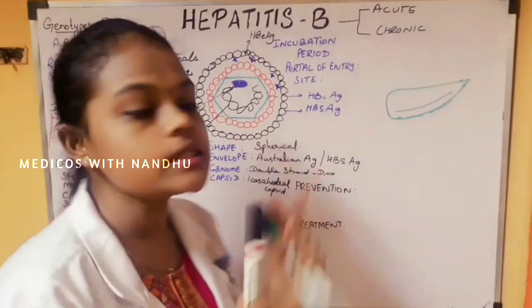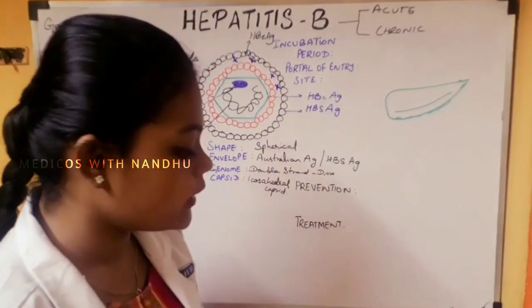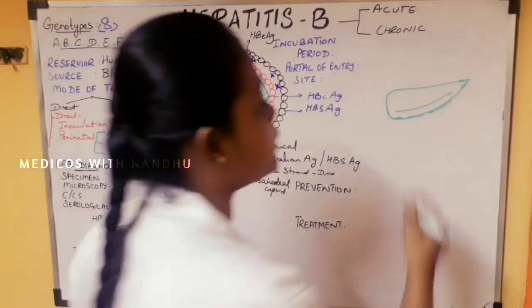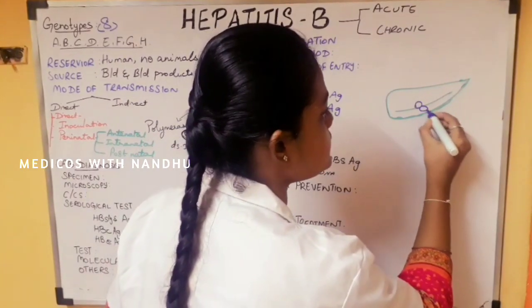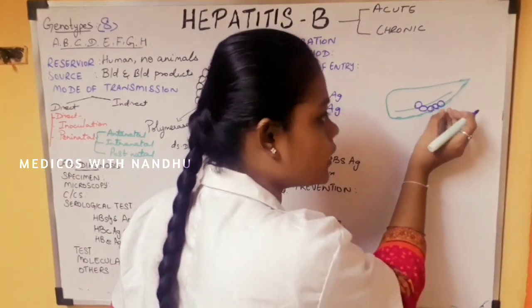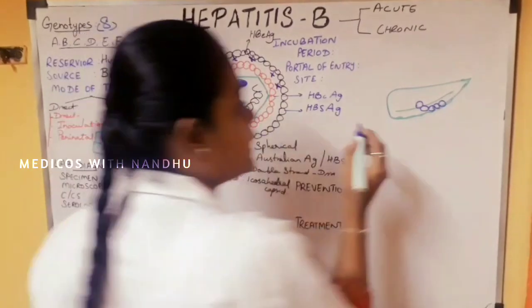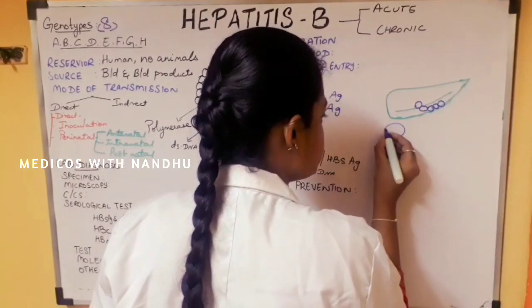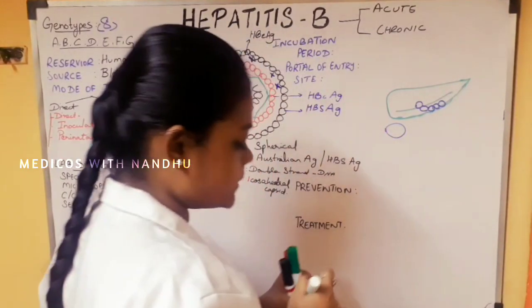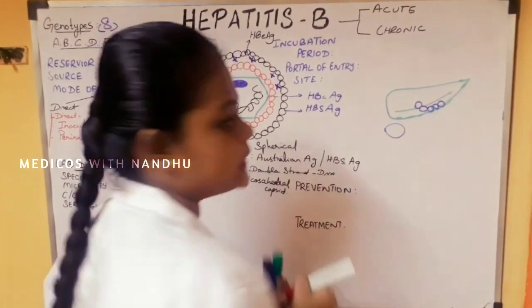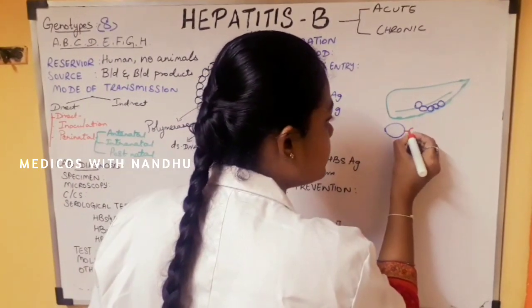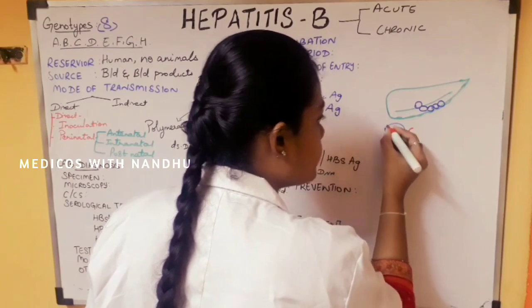Hepatitis means liver. So in the liver there are cells known as hepatocytes. See this, if this is a cell, I will take a single cell. It has a receptor. Normally all the cells and membranes have receptors like this.